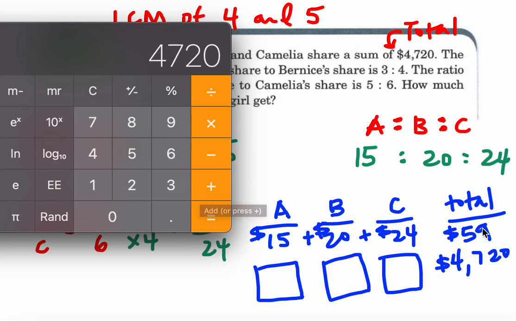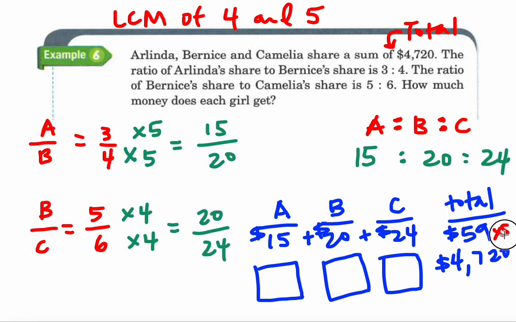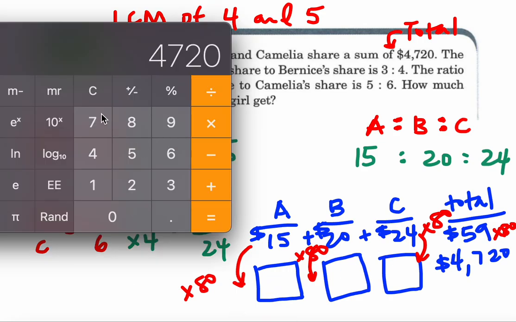Okay, so if this is multiplied by 80 to get there, then that means each of these amounts would also need to multiply by 80. Multiply by 80. Multiply by 80. It would just be 80 times more. If everybody contributed 80 times more, then of course their total sum would also be 80 times more.